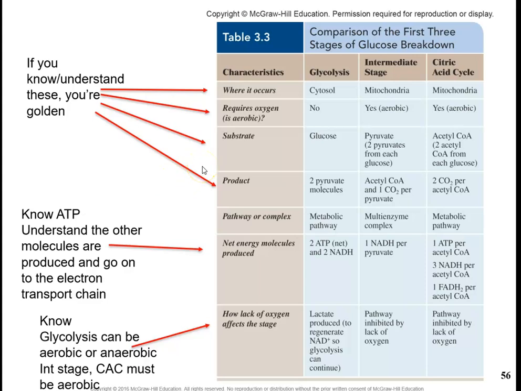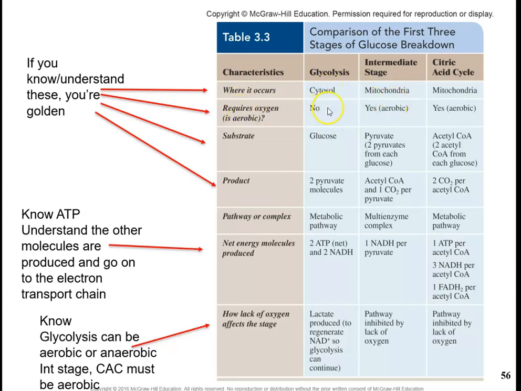Okay, so what do I want you to know from this chart? Well, the first 4 items here, if you know these really well and you understand where they come from, you're going to do well on questions over this section. You need to know these first 2 rows for sure.